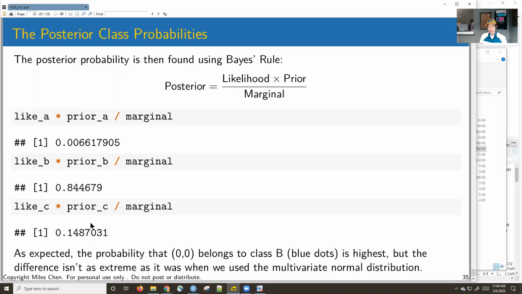Trying to estimate all of those covariances would be almost impossible, okay?